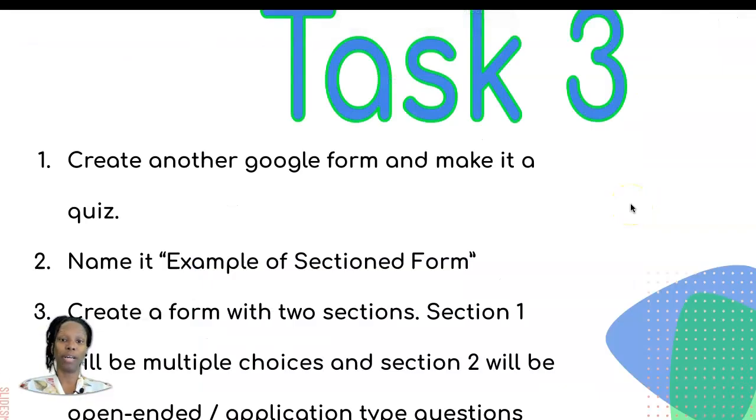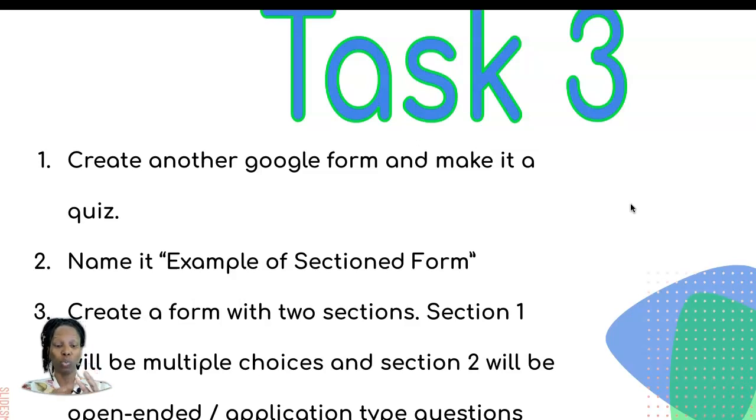Now that we've covered all the different types of questions that we can create in Google Forms, we're now going to create another Google Form, but this time I'm going to be showing you how to create sections. So we're going to name it example of section form, and we're going to create a form with 2 sections.